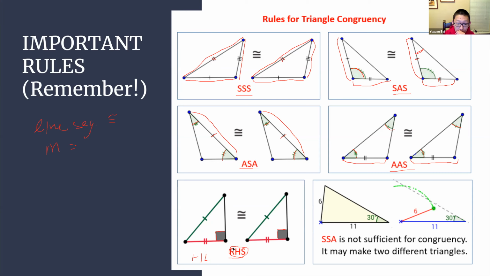So we can see here that the lines that are marked congruent are this one to this one, and this shorter one to this shorter one.